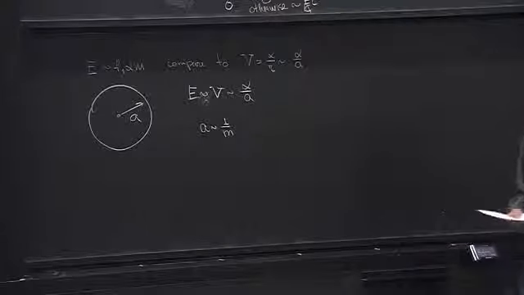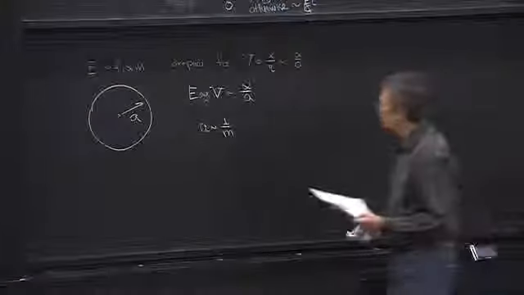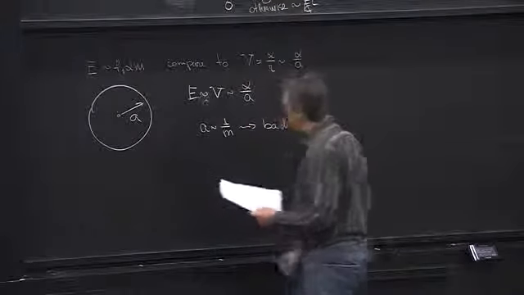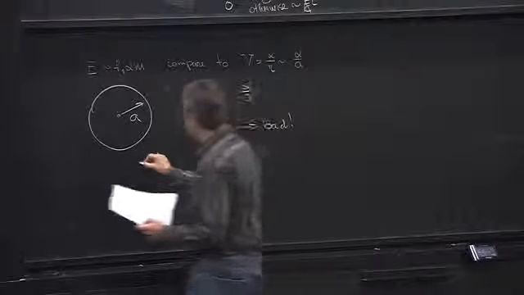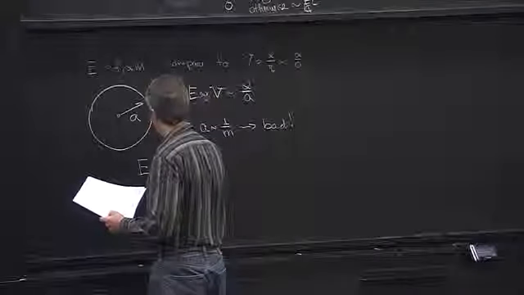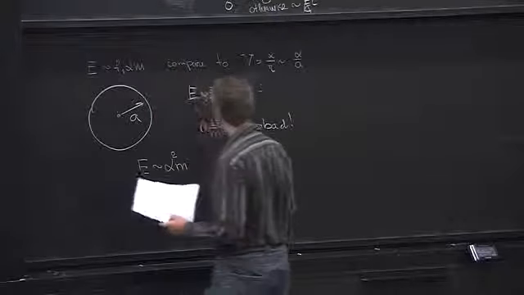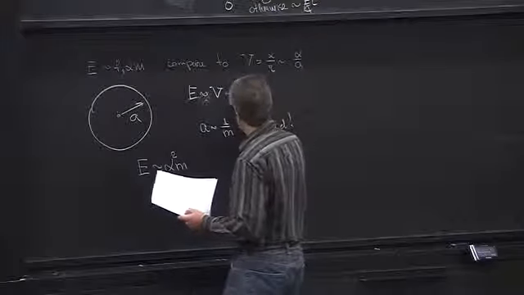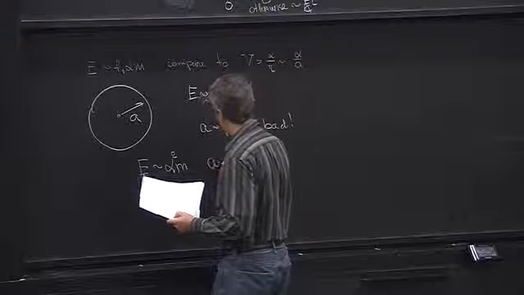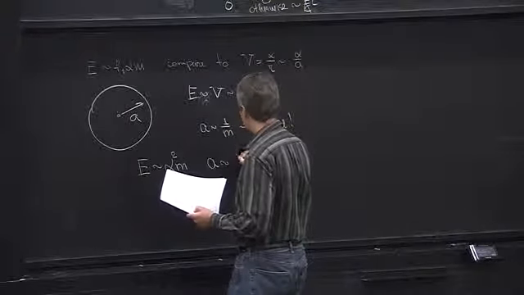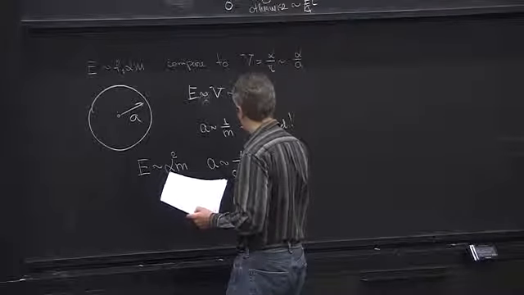This would mean that the approximation breaks down, so this would be a bad estimate. The correct estimate is that the energy is alpha squared m, and then from this equation we estimate that A is 1 over alpha m.